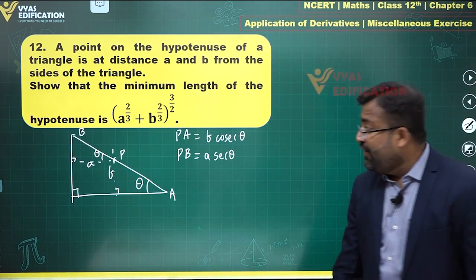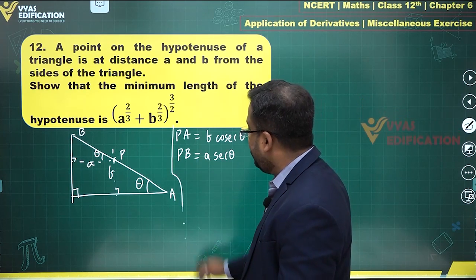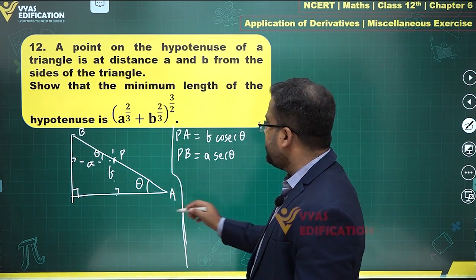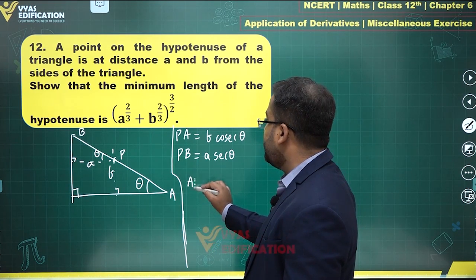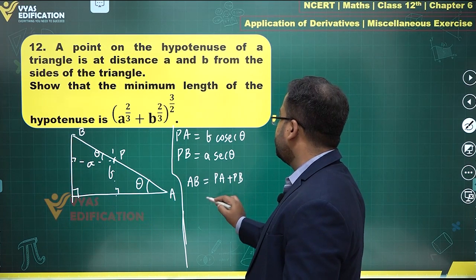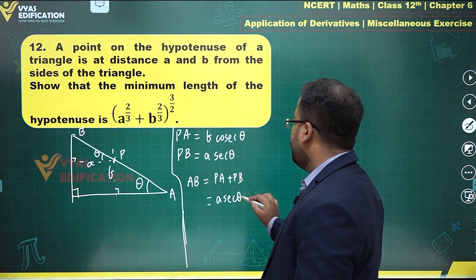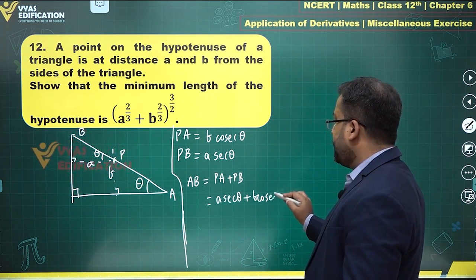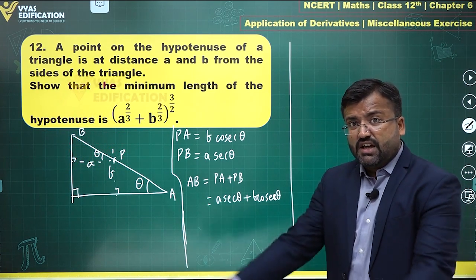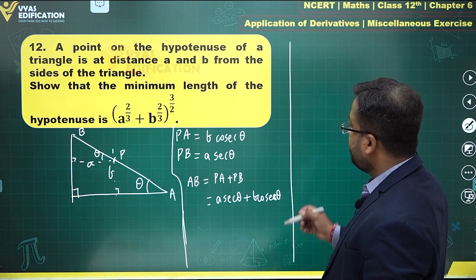Now I can write the length of the hypotenuse easily. With some concepts which I have developed in coordinate geometry, I can write PA plus PB, that's the hypotenuse AB, is equal to PA plus PB, and this is equal to a sec theta plus b cosec theta. And now the thing that remains is simple differentiation in terms of theta and maybe get the value of theta.